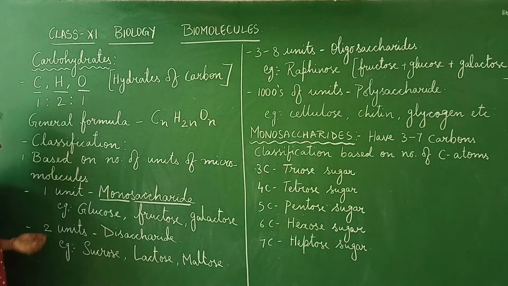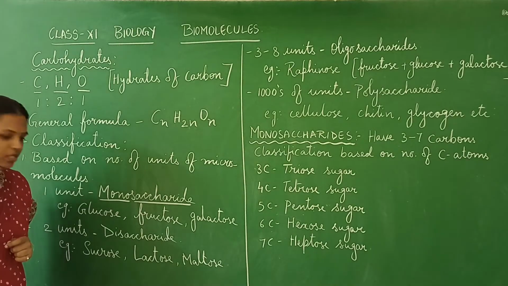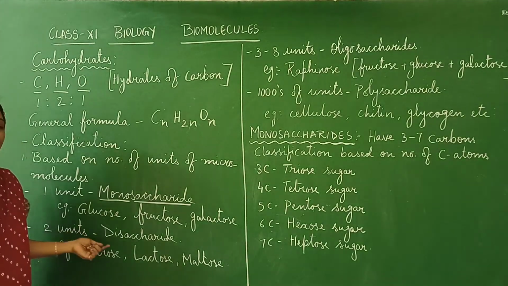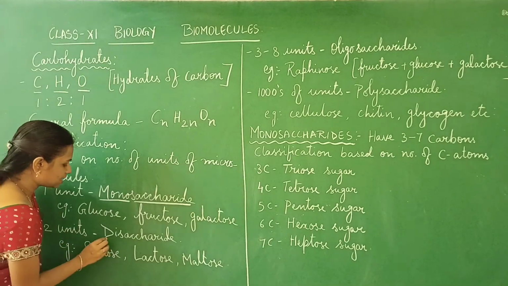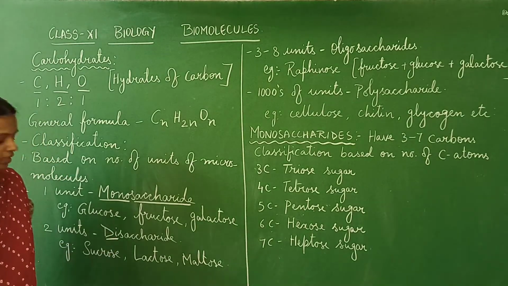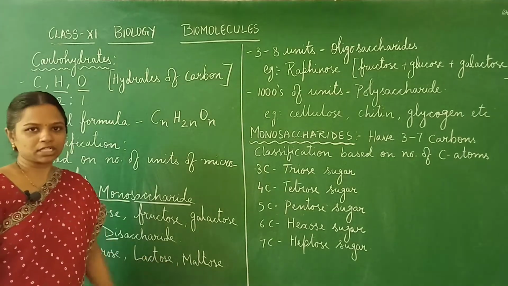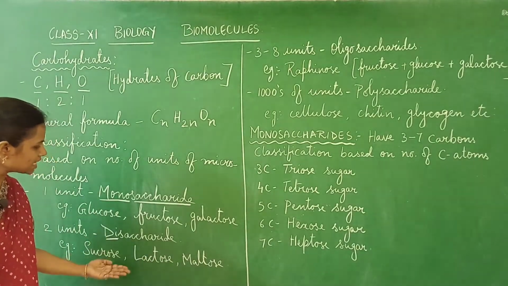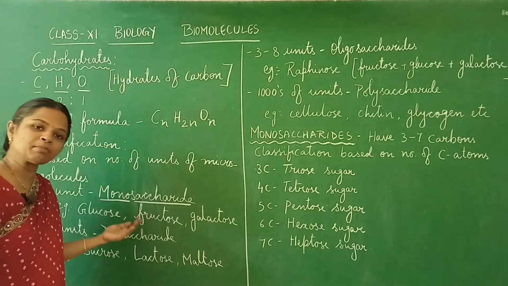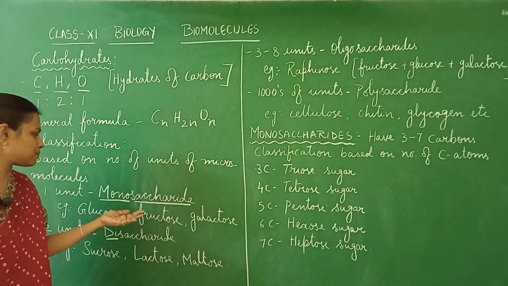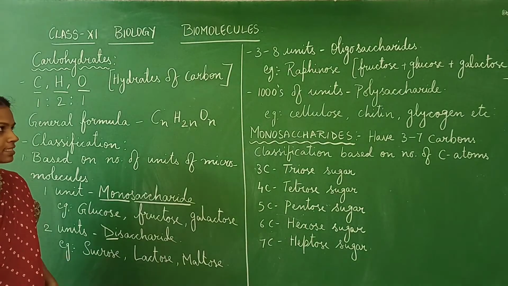Now, if the carbohydrate is made up of two units, then it is called a disaccharide. Di means two. The examples here are sucrose, lactose and maltose. These disaccharides are made up of similar or different types of monosaccharides.